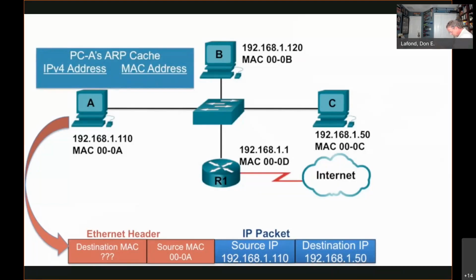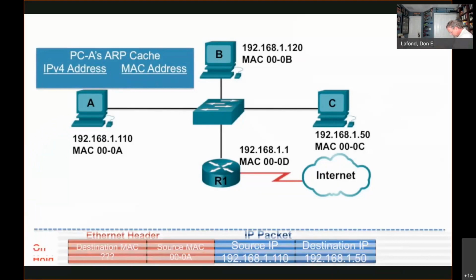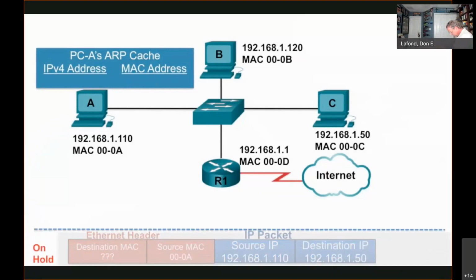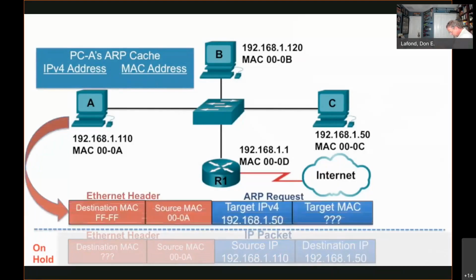Because it is not in its ARP cache, it will put the packet on hold and create an ARP request. The ARP request contains the target IPv4 address. This is the IPv4 address which is known by PC-A, and the target MAC address, which is unknown. This is what PC-A is wanting to find out.